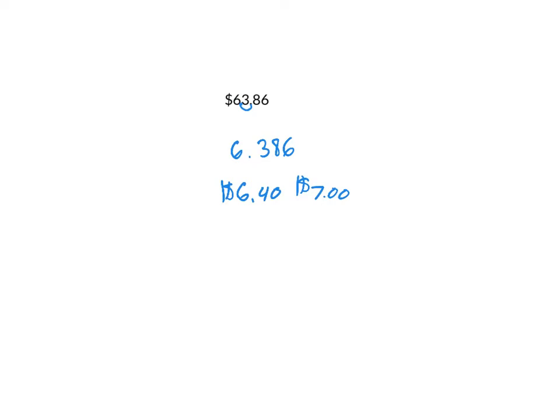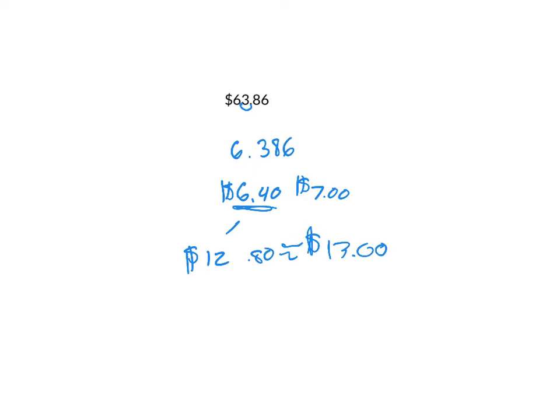Okay. So what if you want that to be a 20% tip? Well, there again, you get to this step and you multiply it by 2, right? And so you've got 6 times 2 is 12, 40 times 2 is 80. So you've got 12.80, which I might go $13. Okay?